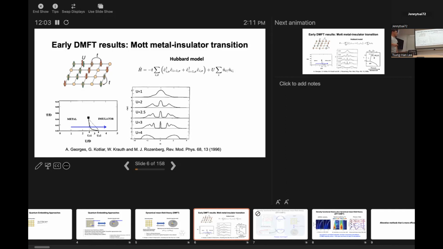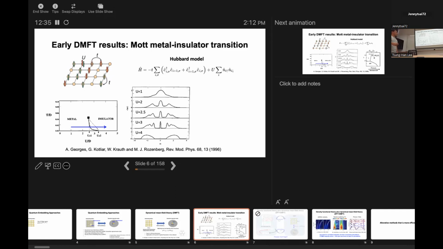So here it shows the DMFT density of states. And we can see that at a small interaction, U equals 1, we have a very broad conduction band around the Fermi level. And as we start to increase the Coulomb interaction, we have this additional high energy excitation emerging that is due to the fluctuation of the atomic orbitals.